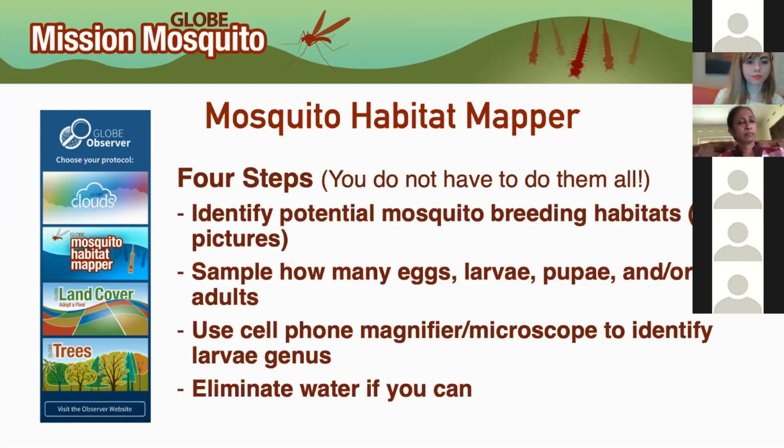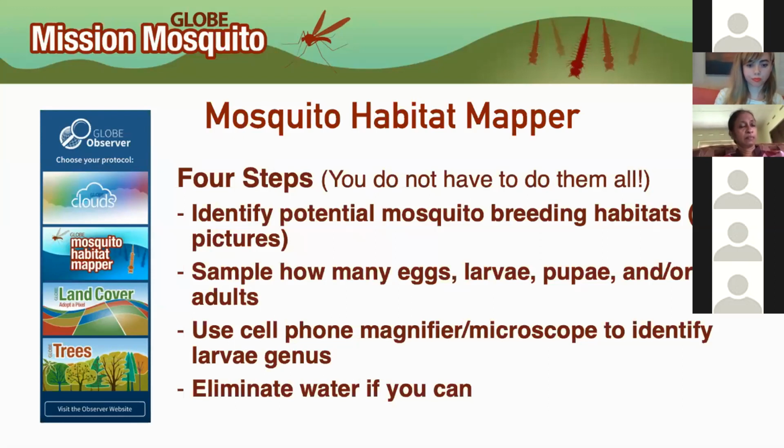And this is something that you just take and you clip on to your smartphone, wherever your camera is, and it turns your smartphone into a magnifier, into a microscope. Then you can take a picture of the larva, and we walk you through the steps to be able to identify what genus, what type of mosquito you have.